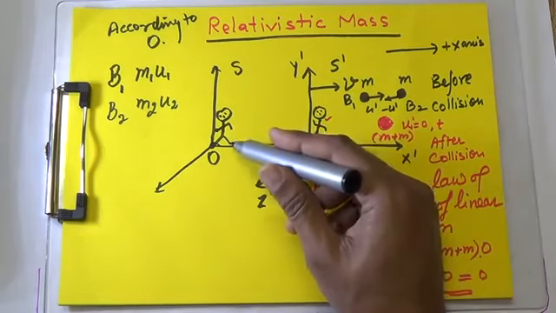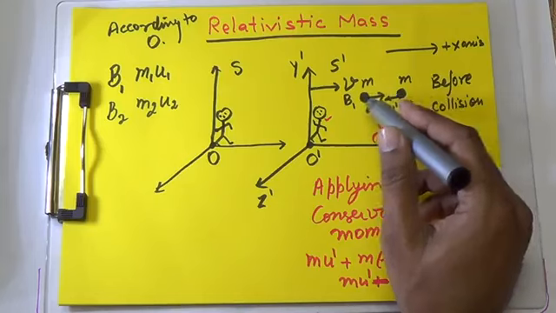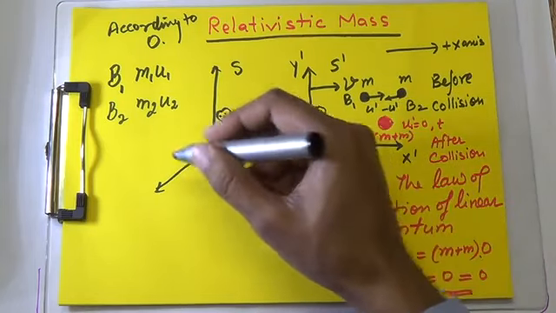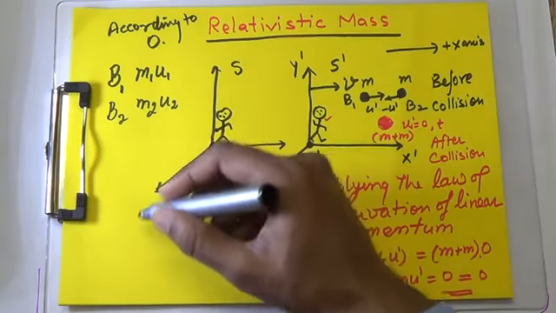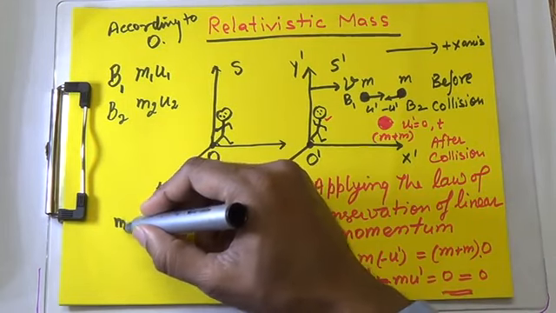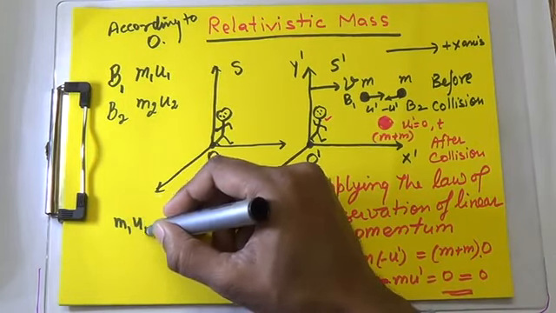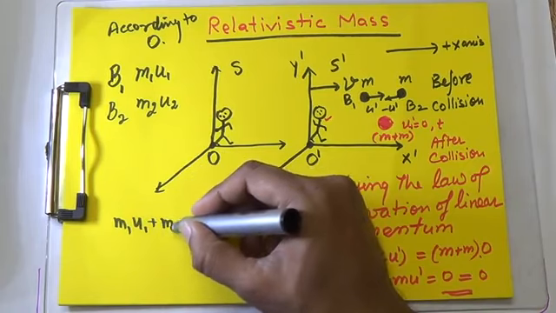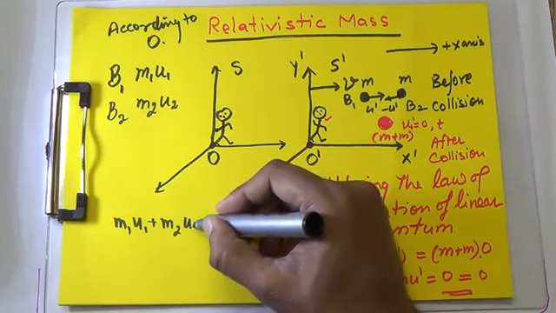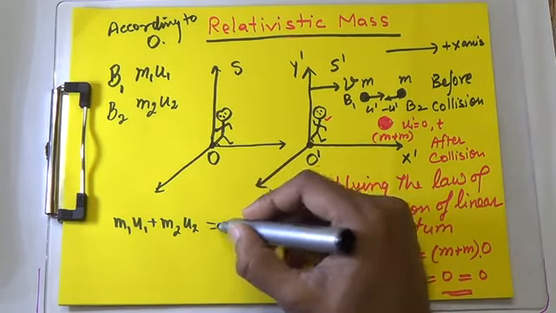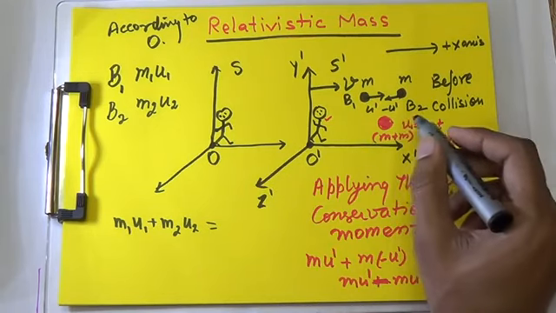So now according to this man, the momentum before collision will be M1 U1 plus M2 U2. After collision, what he observed?